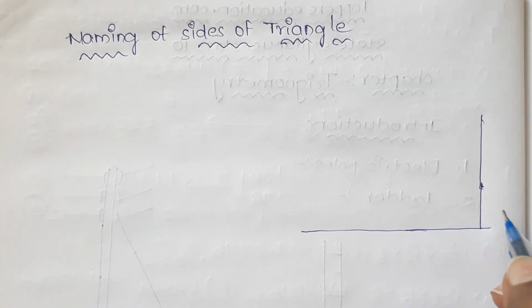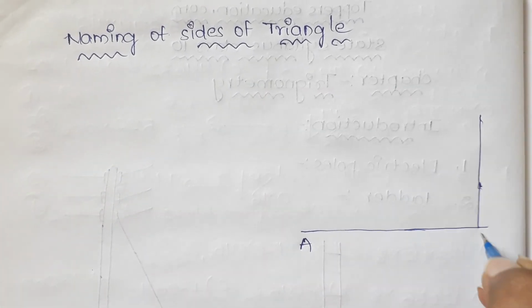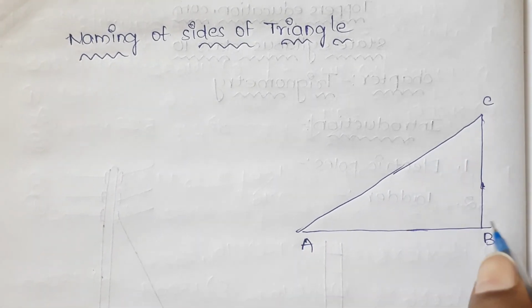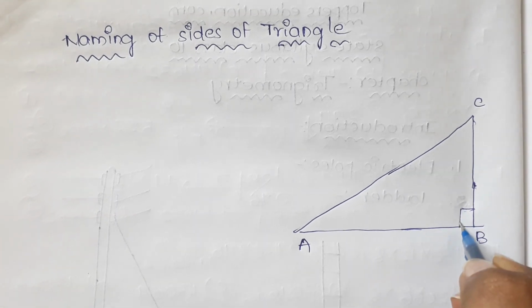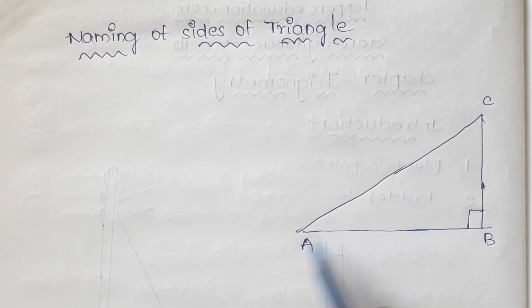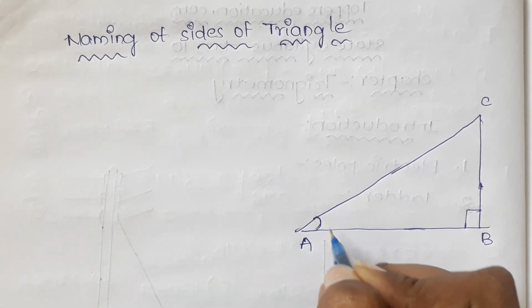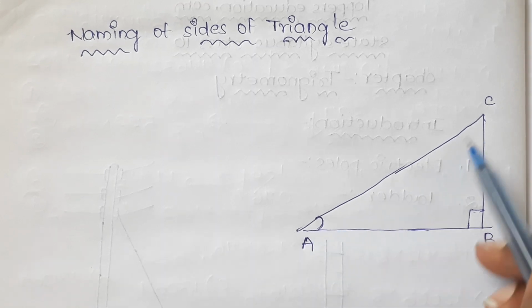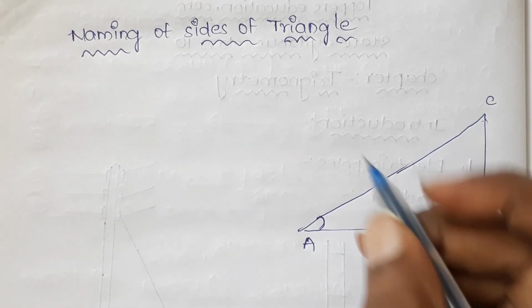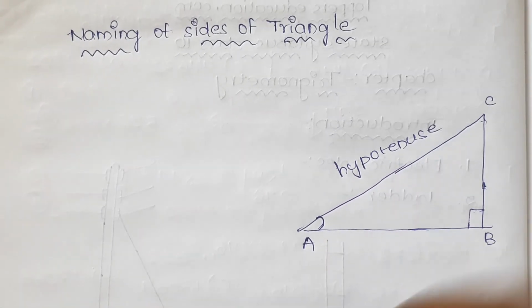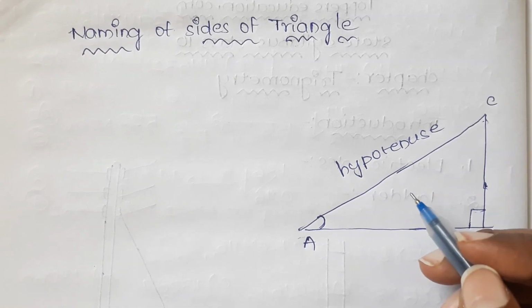Here this is the right angle triangle A, B and C. Here it is right angle at B. In this triangle ABC, we can consider angle CAB. That is, angle A is an acute angle here. Since AC is the longest side, it is called the hypotenuse.